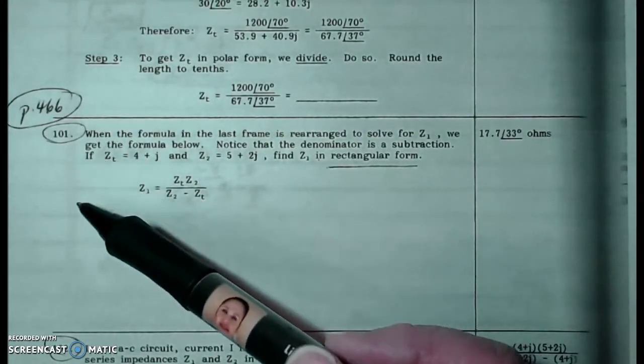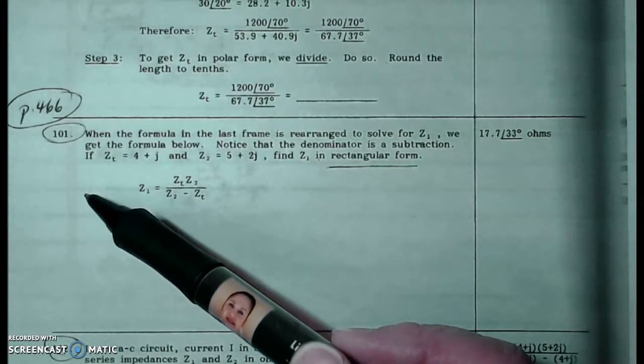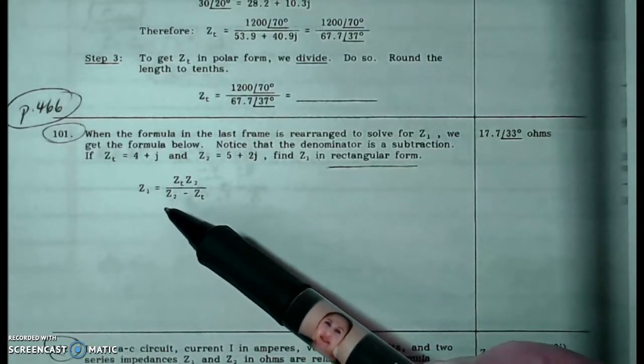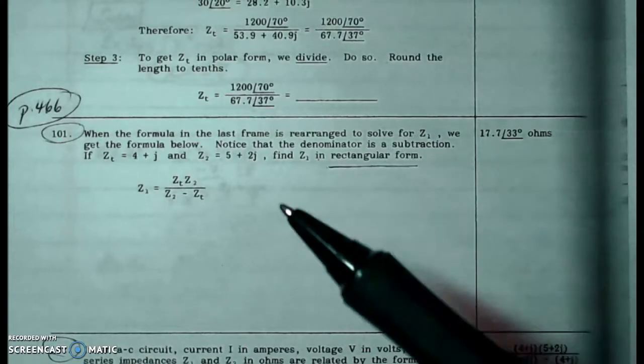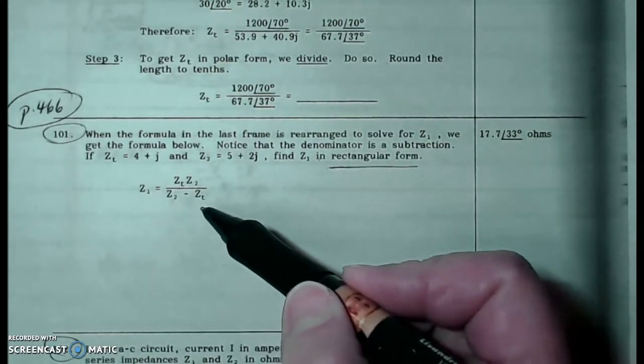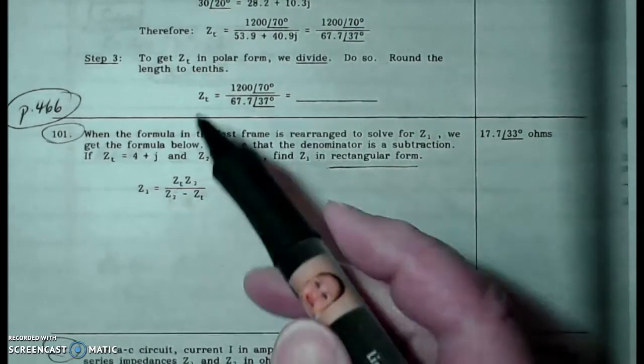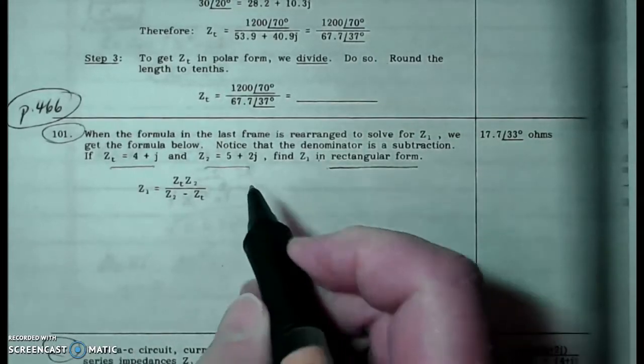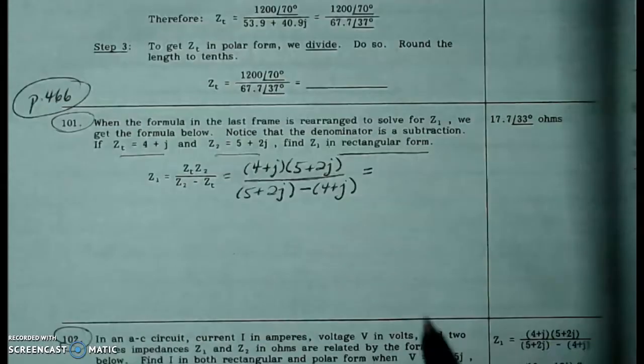Now turning to page 466, problem 101. This series of problems on 465 and 466 are problems that you will be required to do and involve more work. So here's a given formula, again involving electronics, and you can see that the values that you're going to be substituting in are given in rectangular form.